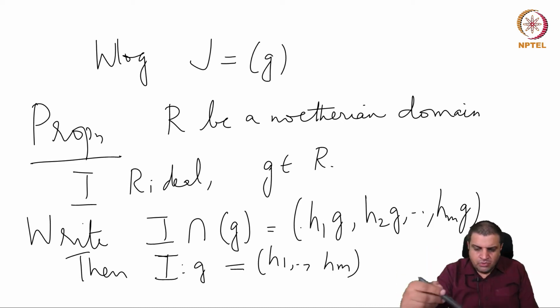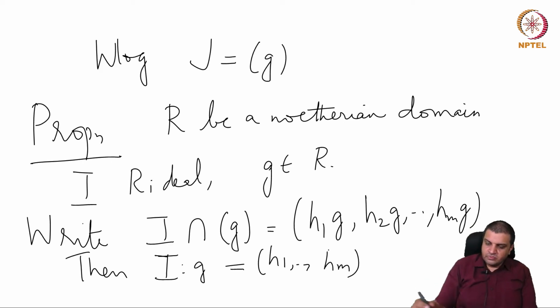We are not saying that H1 through Hm is unique. Just take any generating set, it will have this form, and then just remove the G from them. So that's the proposition.